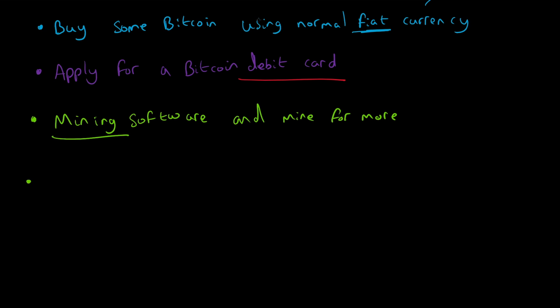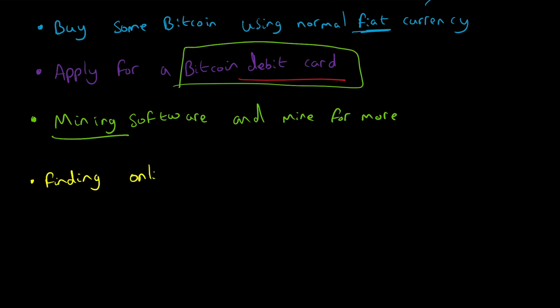Obviously, we've said you can apply for a Bitcoin debit card, which ultimately allows you to use Bitcoin the way you would use conventional fiat currency. But I would also recommend finding online and offline retailers that accept Bitcoin.